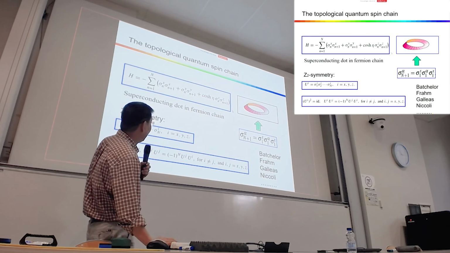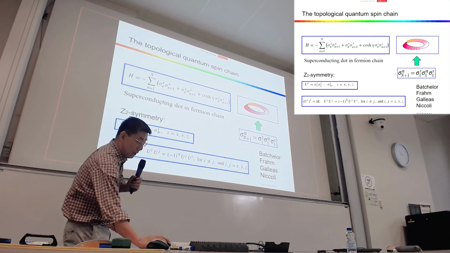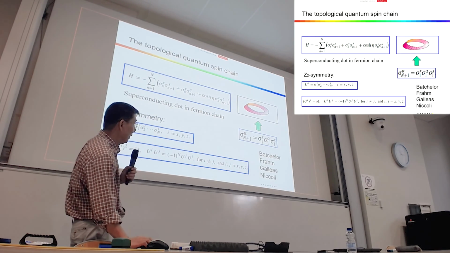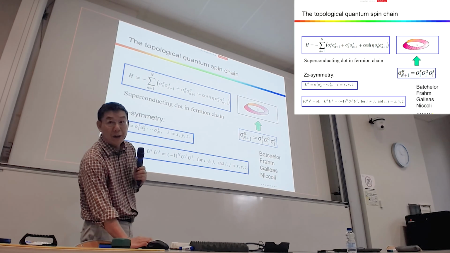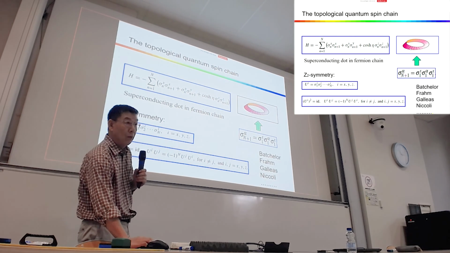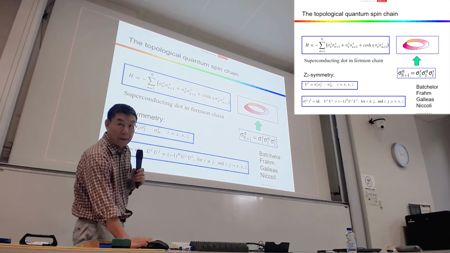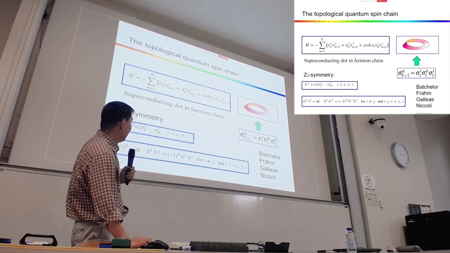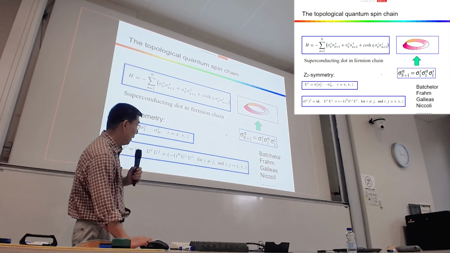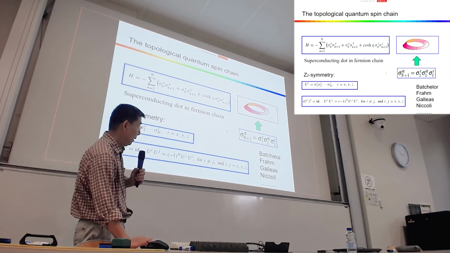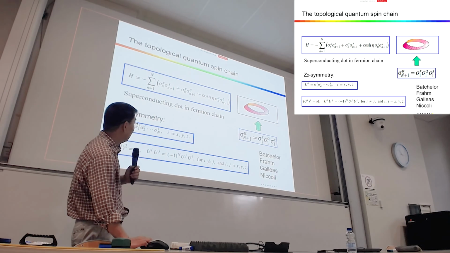Okay, so just consider such a spin chain, but the boundary conditions changed with a knot in this. This is the so-called anti-periodic boundary condition, but it is in fact the topological boundary condition. And then this model has been studied by several authors.